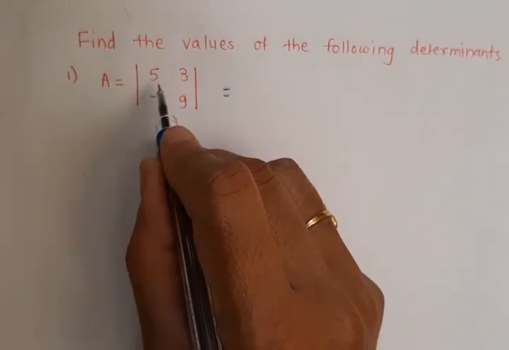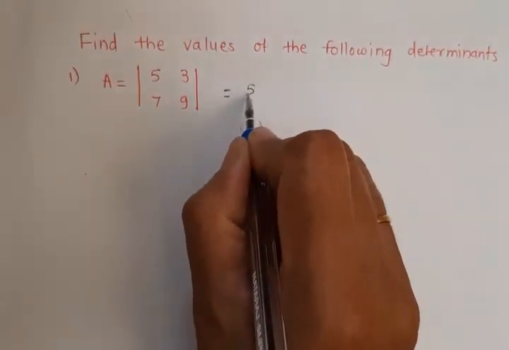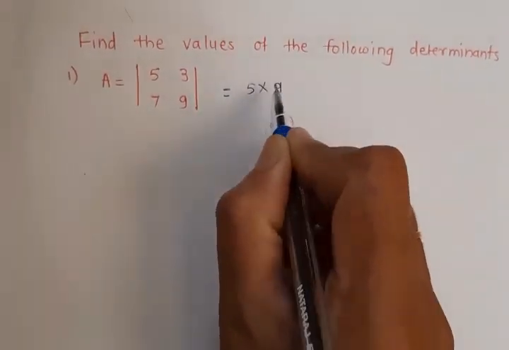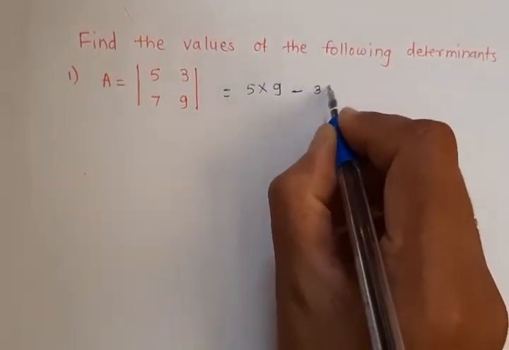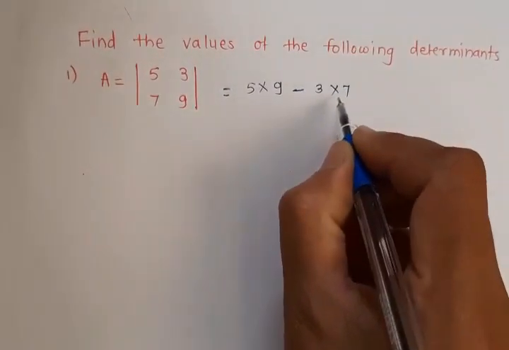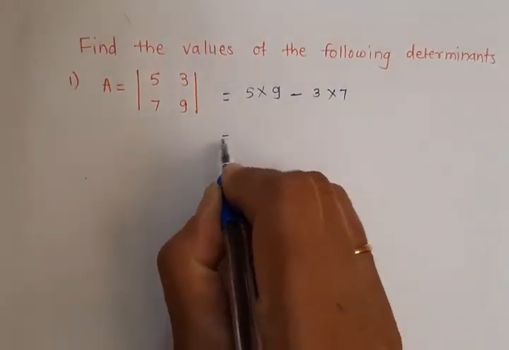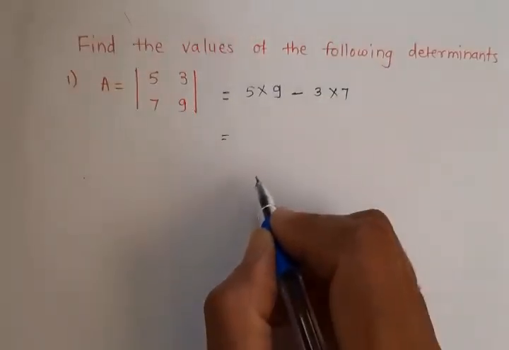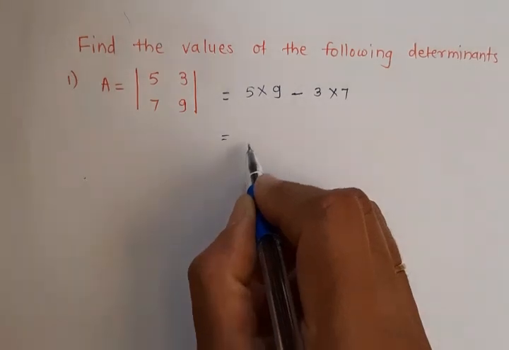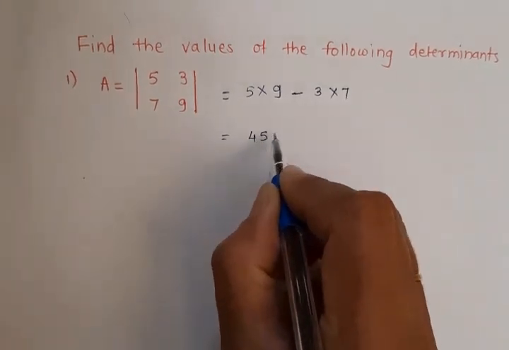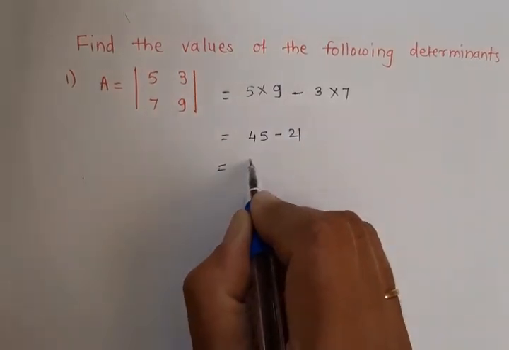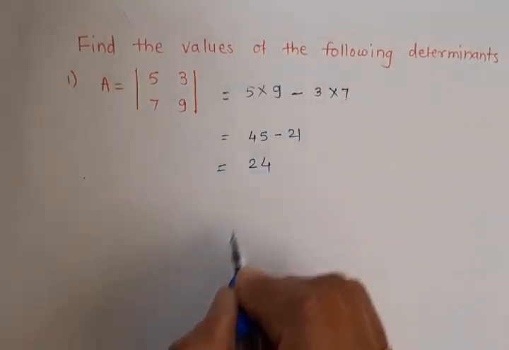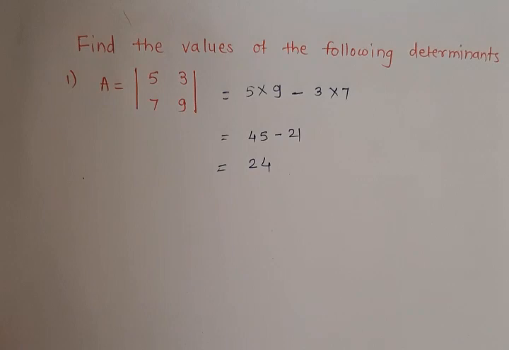So here ad means 5 into 9 minus bc means 3 into 7. 5 nines are 45, minus 21 equals 24. So the value of this determinant is 24.